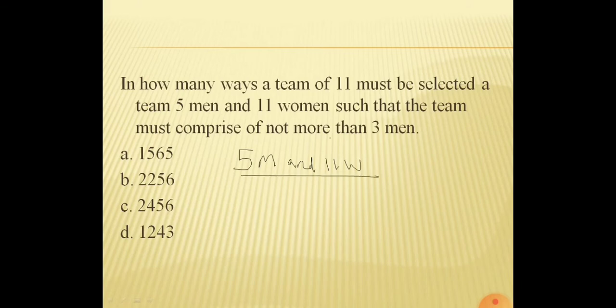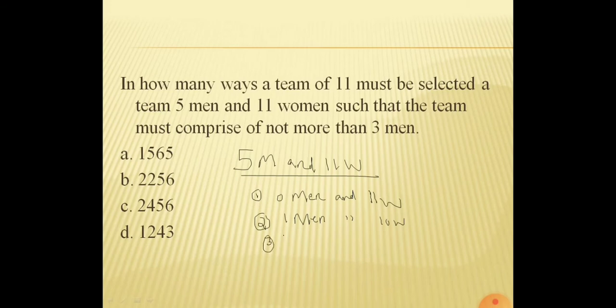The team should not exceed more than 3 men. So we can first take 0 men and all the 11 women, because it must comprise not more than 3 men, it is given. So 0 men can be possible, again 1 man and 10 women can be possible, right? So that is another combination that we can make.